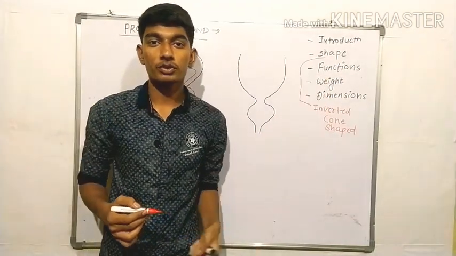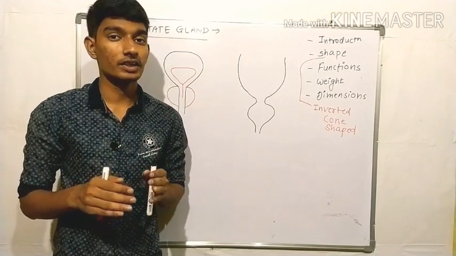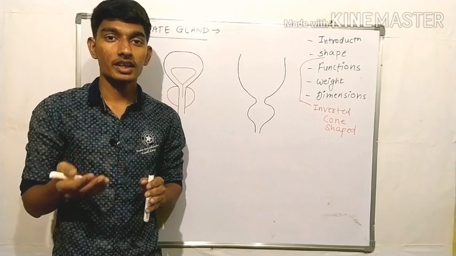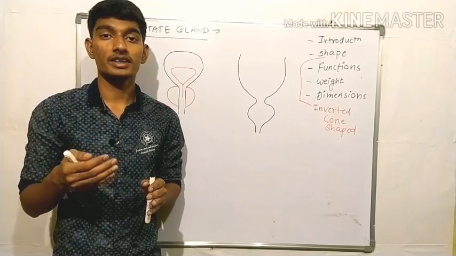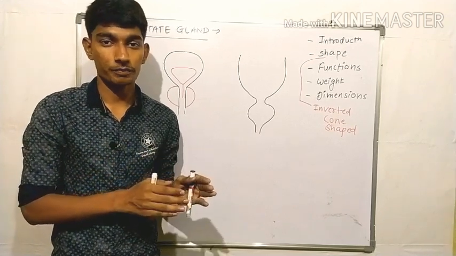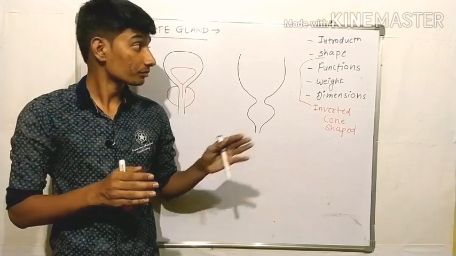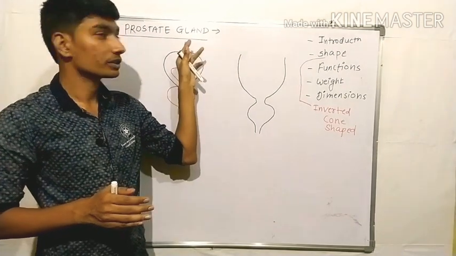What are the functions of prostate? Prostate forms bulk of the seminal fluid. It secretes various enzymes like citric acid, amylase, prostatic acid phosphatase, prostate specific antigen. These are the various functions of prostate gland.